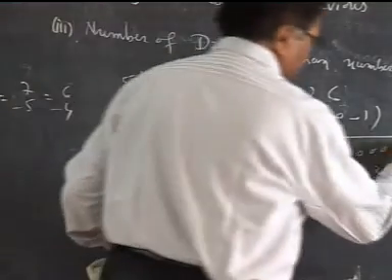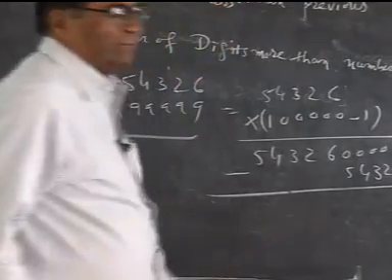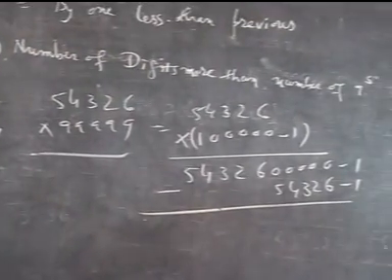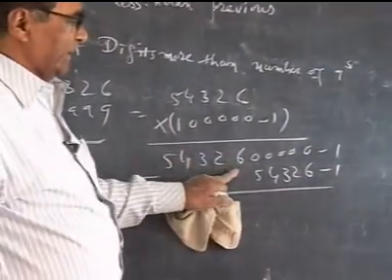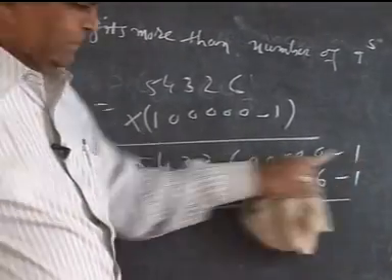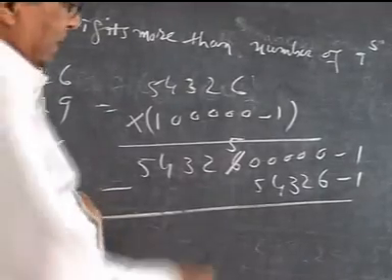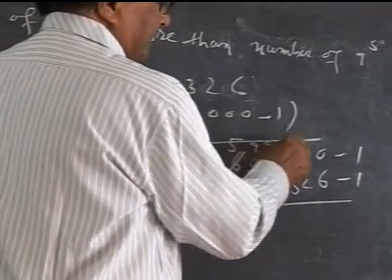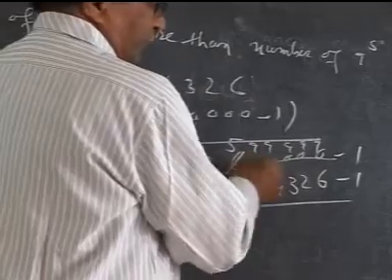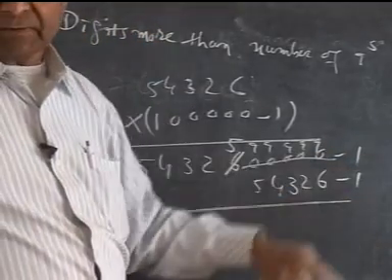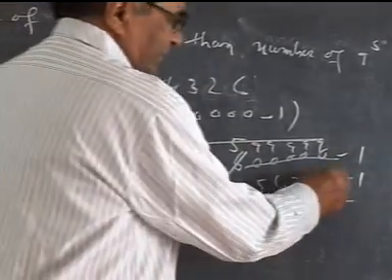So I subtract 1 from here, and I subtract 1 from here, so the result must be the same. Obviously, you are subtracting 1, so this will be decreased by 1, this is 5. This all will be 9, because this is 10 minus 1, and this will be 5.